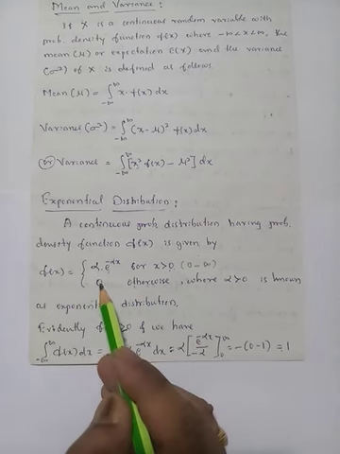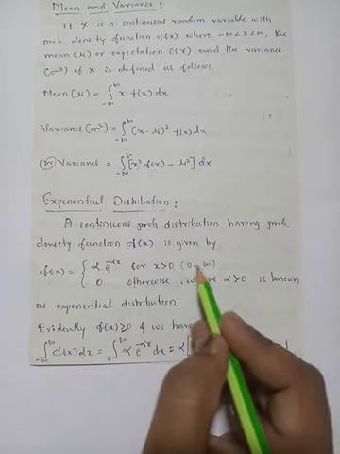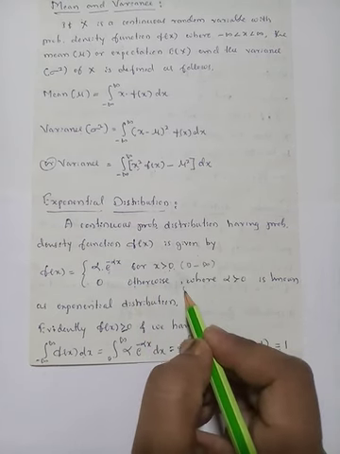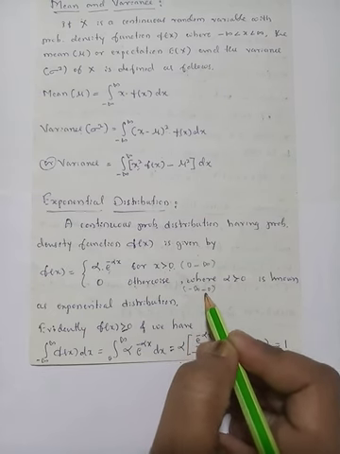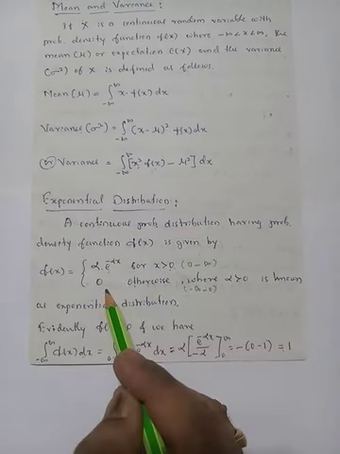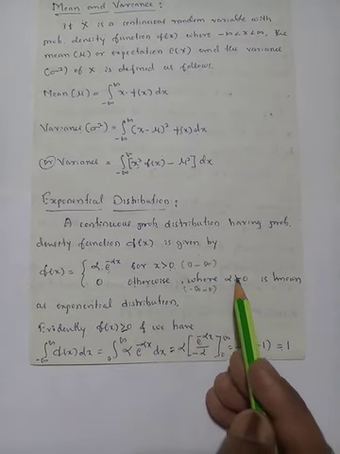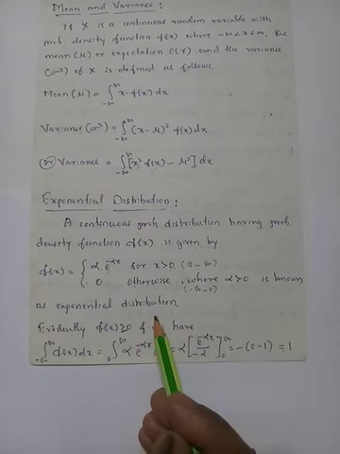Then the value of f of x is 0 otherwise, that is, from minus infinity to 0 the value of the function is 0. Here alpha is a constant greater than 0, and this is known as exponential distribution.